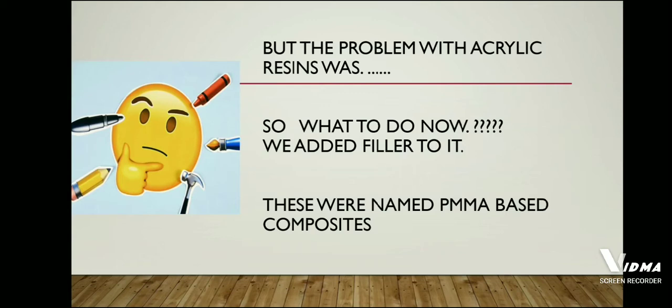So what should we do to overcome these disadvantages? We added filler to it. By adding quartz or silica as filler, we were somewhat able to reduce this problem. These composites were named PMMA based composites, these acrylic resin based composites.